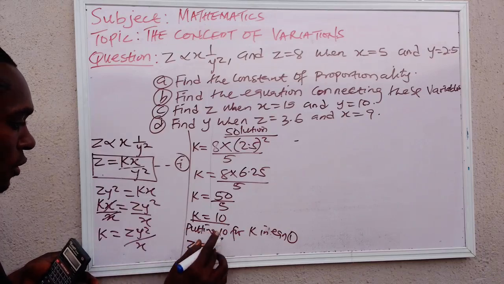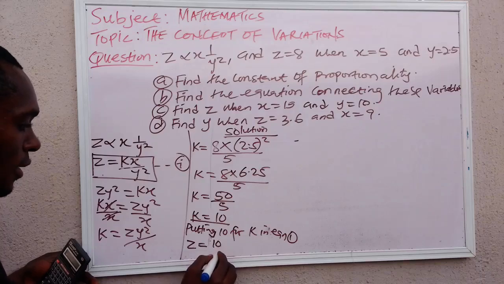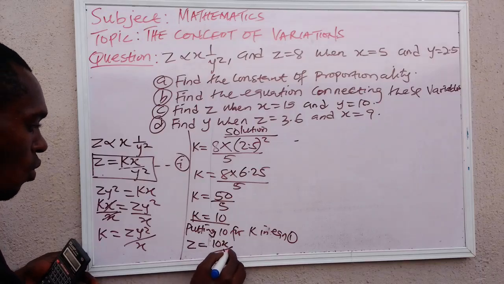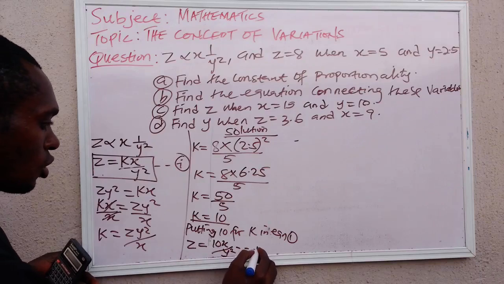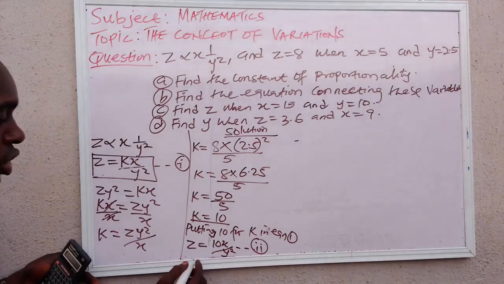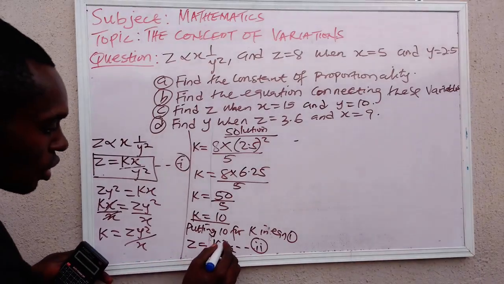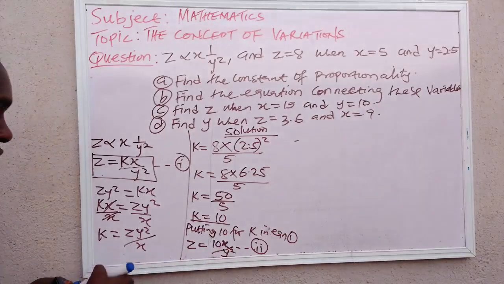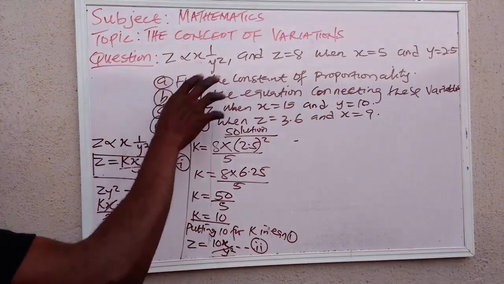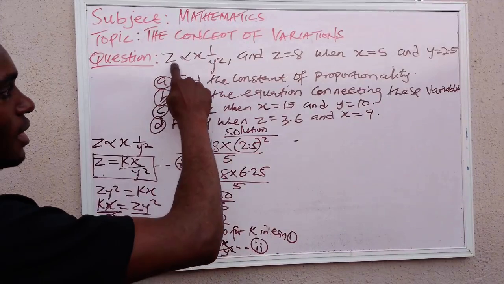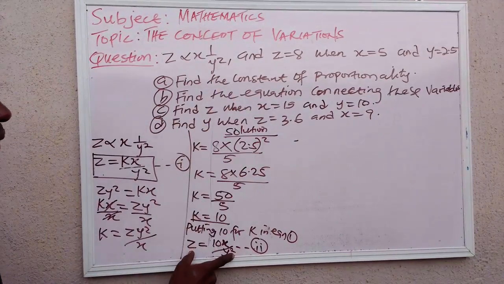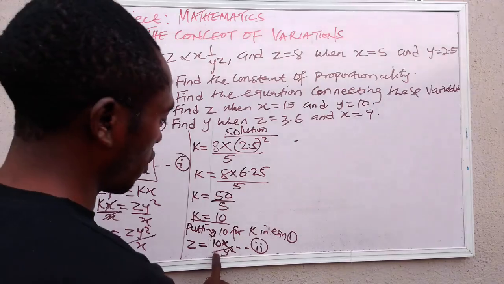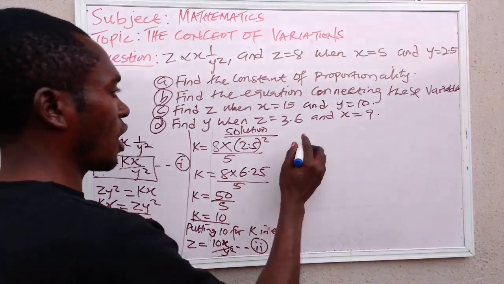Z is going to be 10x over y squared. This is equation 2. So this is the relationship. This is the formula we're going to use. This is the relationship between these quantities. The relationship between z, x and y squared is this. This is the formula we'll be using to solve any other question.